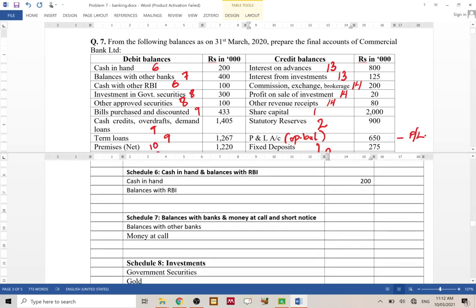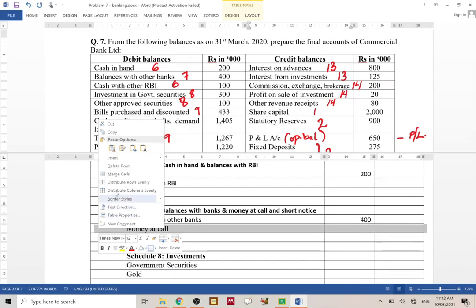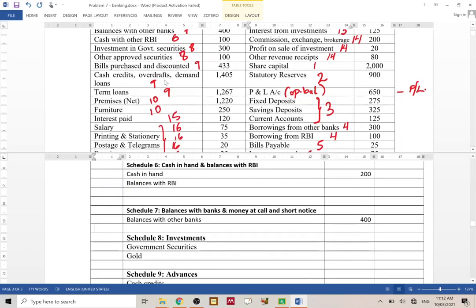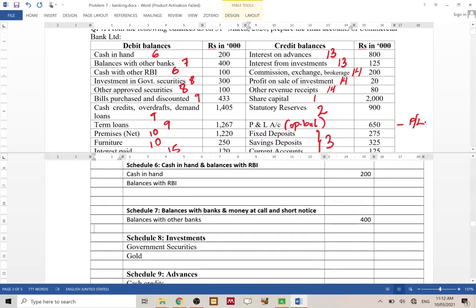Balances with other banks under schedule 7 is 400. I suppose we do not have any other item under schedule 7, so we can safely write it in the outer column, right? If you go through this problem here, we have not marked anything else as schedule 7, so we can write this 400 in the outer column.